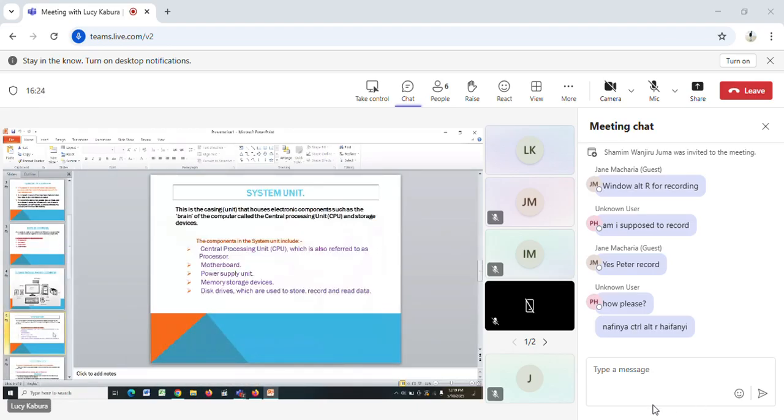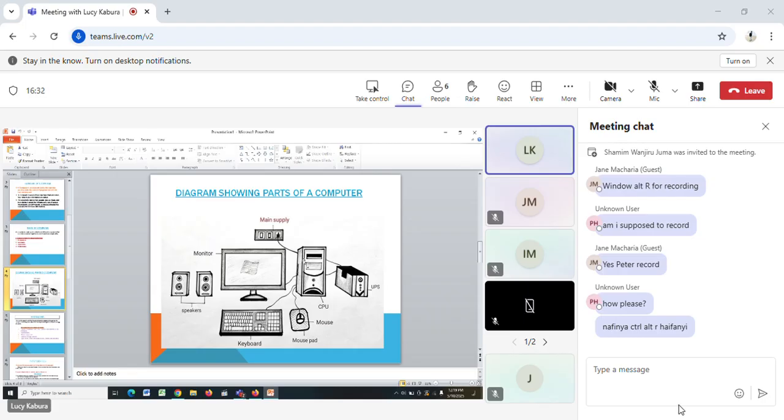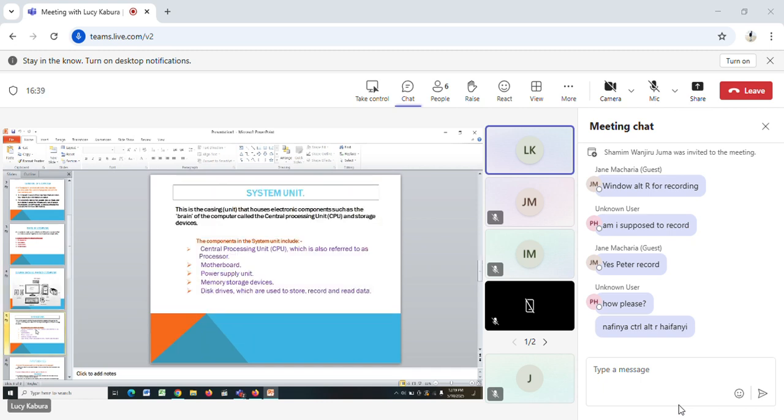Let's start with the first part of a computer, the system unit. The system unit is this part here. Some people call it the CPU, that is the system unit. This is the chassis unit that houses electronic components such as the brain of the computer, called the central processing unit.